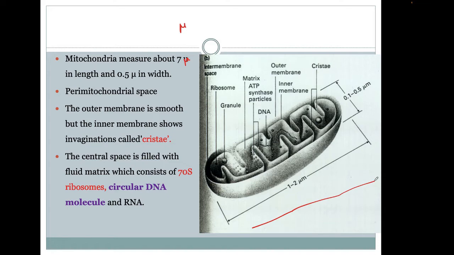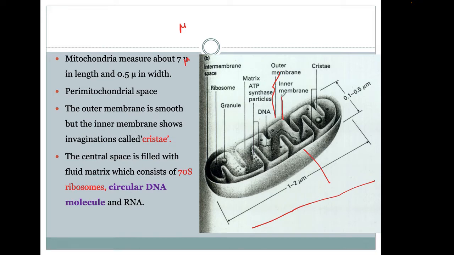They possess a double membrane envelope in which the unit membranes are separated by the perimitochondrial space. This is the outer membrane. This one is the inner membrane.